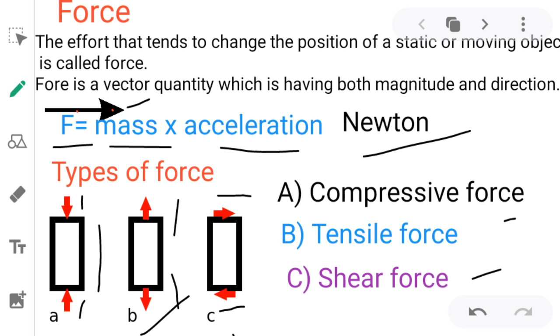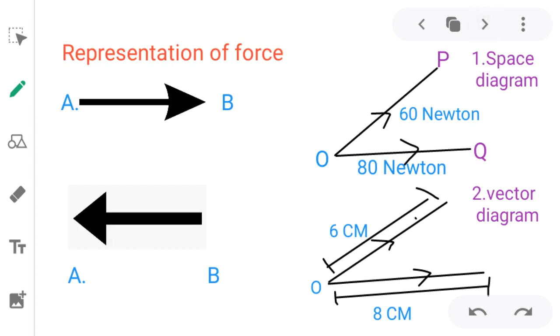As I told, force is a vector quantity which has both magnitude and direction. An arrow indicates the direction of the force. Let's take the first diagram here.